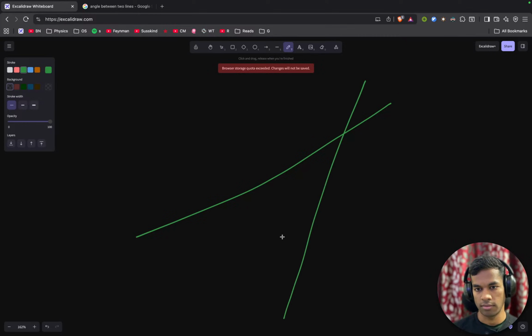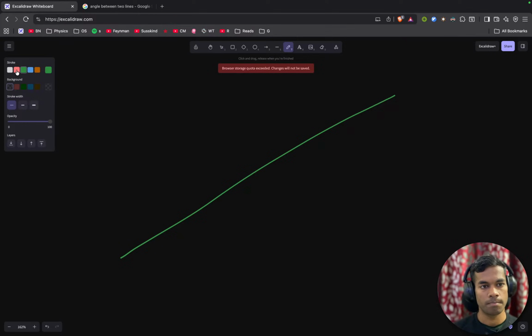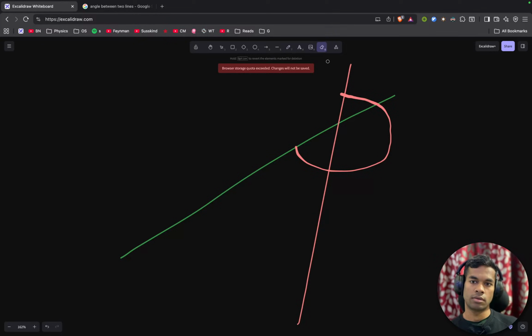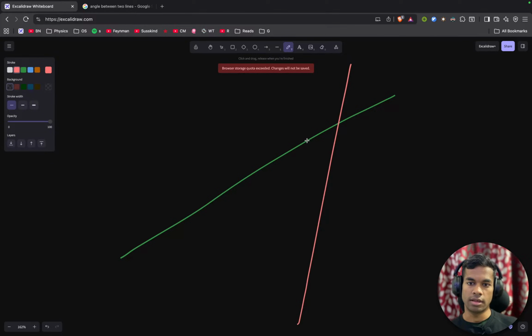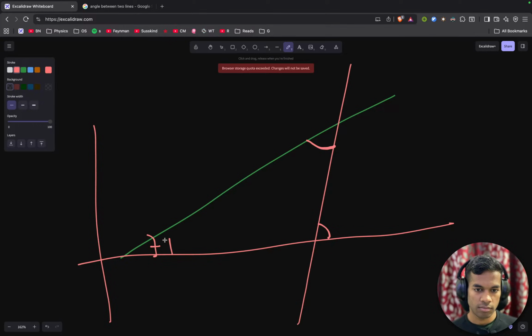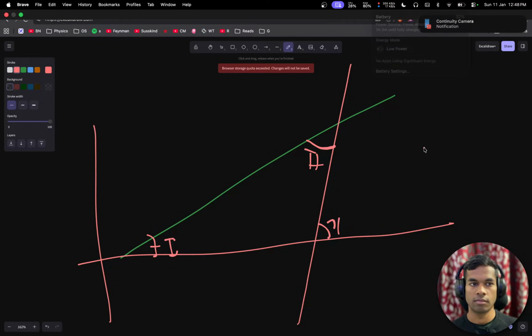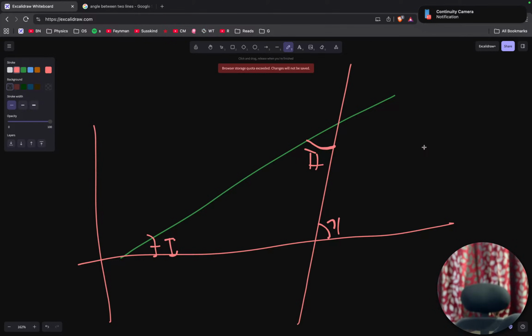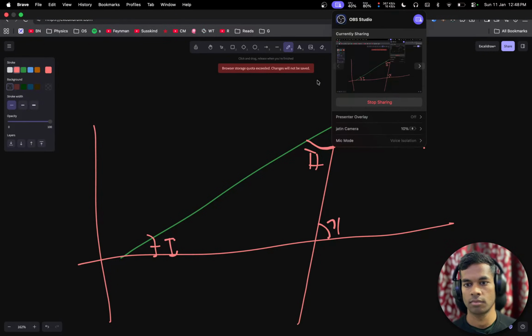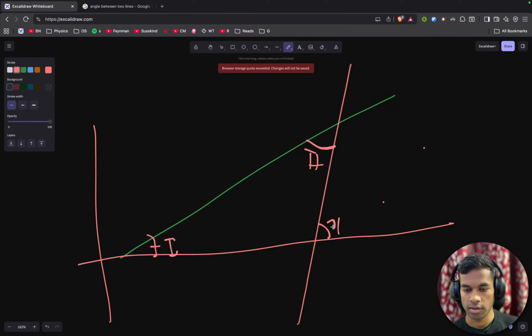Okay, so we have one line, with the angle being clockwise like this. We want this angle. This is the x-axis. We have this angle number 1, and let's say this is angle number 2, and this is x.